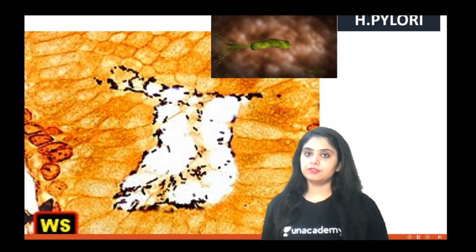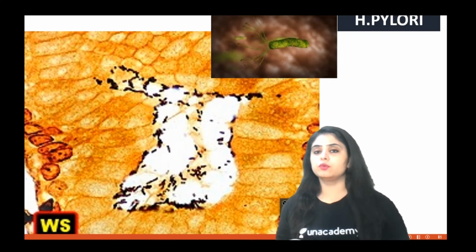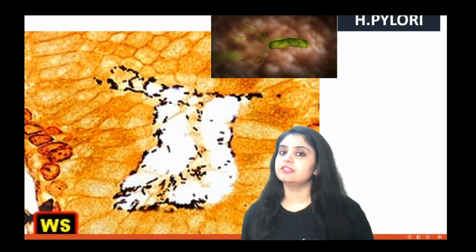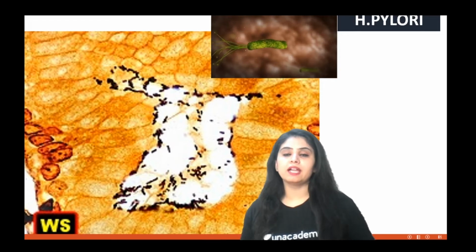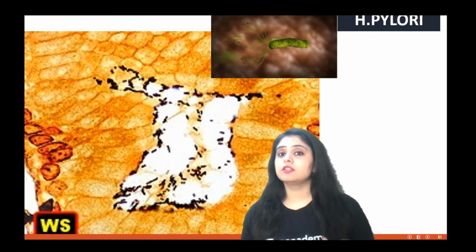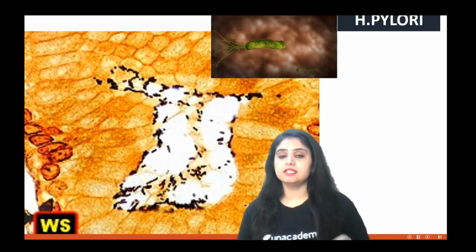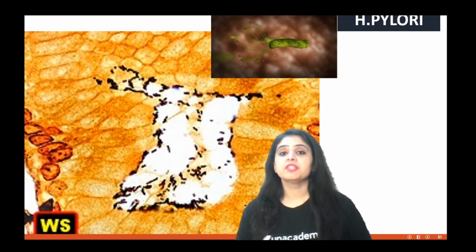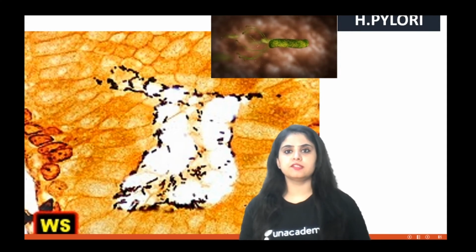Beginning with the gastric pathology pictures, all of you know that one organism that causes most of the diseases in the stomach is H. pylori, Helicobacter pylori. And this bacteria is not only going to cause inflammatory disorders like gastritis and peptic ulcer, but it can also cause cancerous disorders. And all of you know that the two cancers which are associated with H. pylori are both in the stomach because this requires an acidic medium.